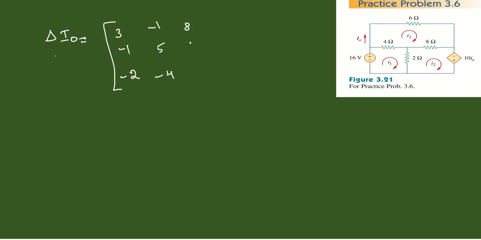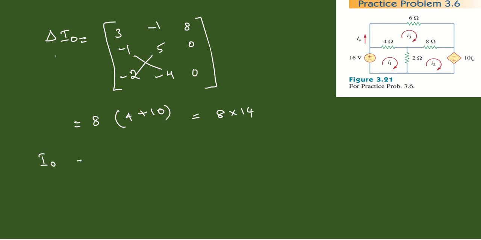The third column is replaced with this 8, 0, 0. So this is the only value for which we can perform this. So 8 multiplied by this, it is 4, then minus of minus, plus 10. So it is 8 into 14. We'll keep it as such because it will be easy for us to calculate.